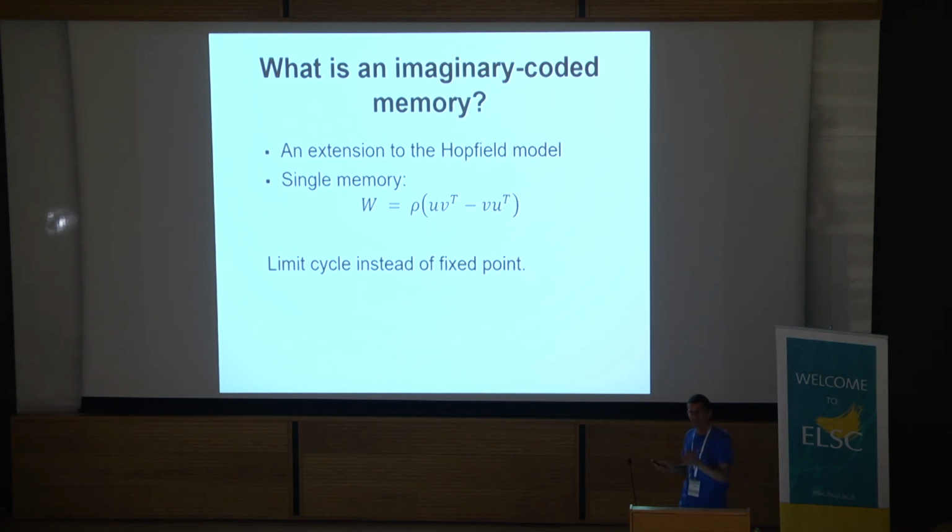In the Hopfield model, the whole point is a fixed point, an attractor. So you give a cue, let's say a partial or corrupted version of your memory, and the dynamics will converge to the same thing you stored in memory and will stay there forever.